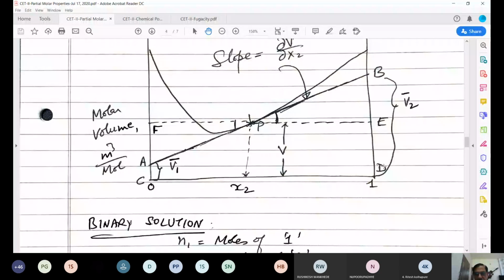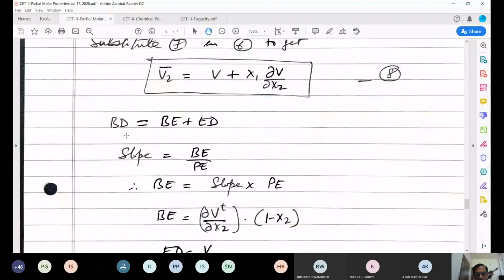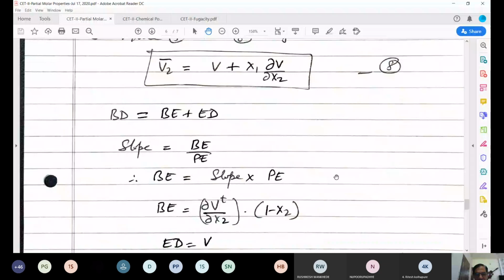And if you take the slope of this tangent, slope is perpendicular upon base, so it is BE upon PE. So BE is nothing but slope into PE, right? And slope is nothing but ∂VT/∂x2. That's what we have plotted, VT versus x2. Slope is ∂VT/∂x2.